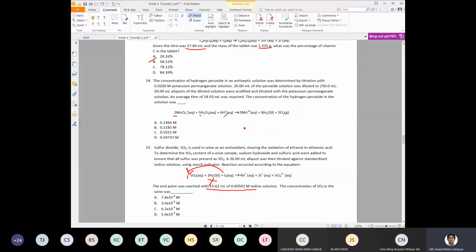So we have to find out the concentration of hydrogen peroxide in the solution, right? So the permanganate was reacted together with it, and the reaction goes in this way.